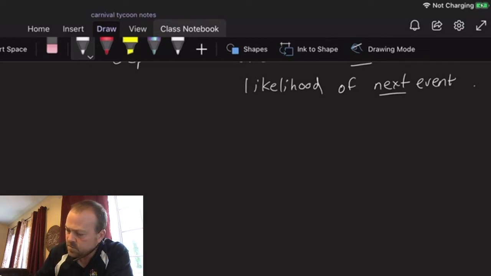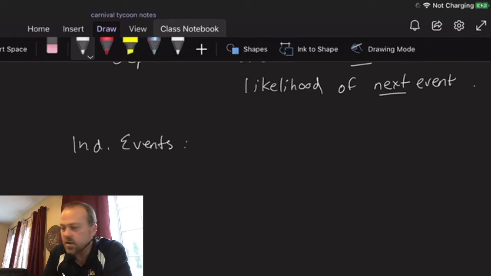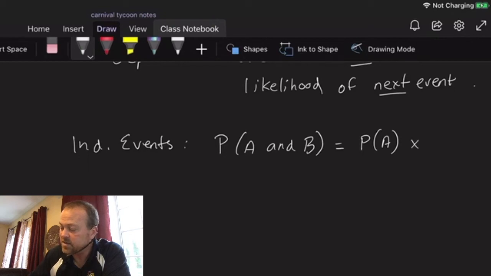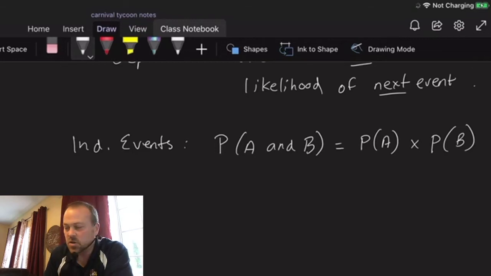So for independent events, the formula that we will use, the probability of event A and event B happening is equal to the probability of event A multiplied times the probability of event B.